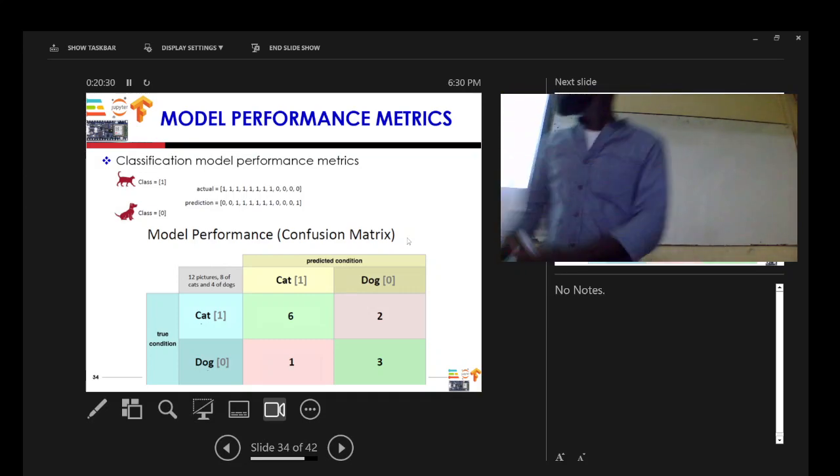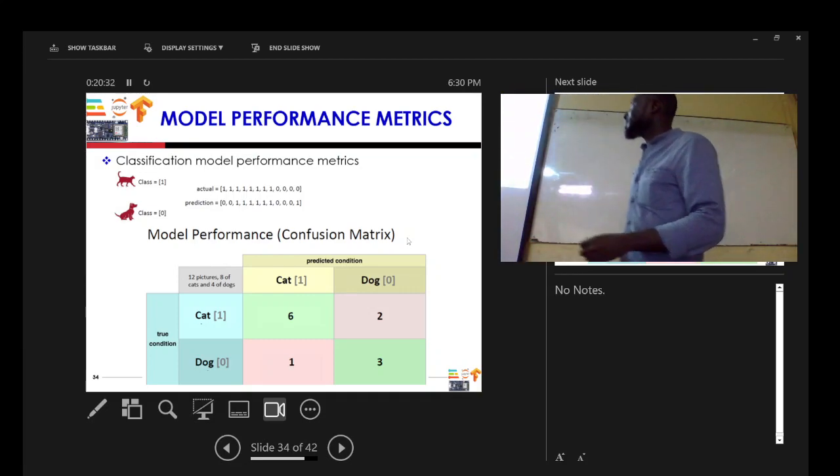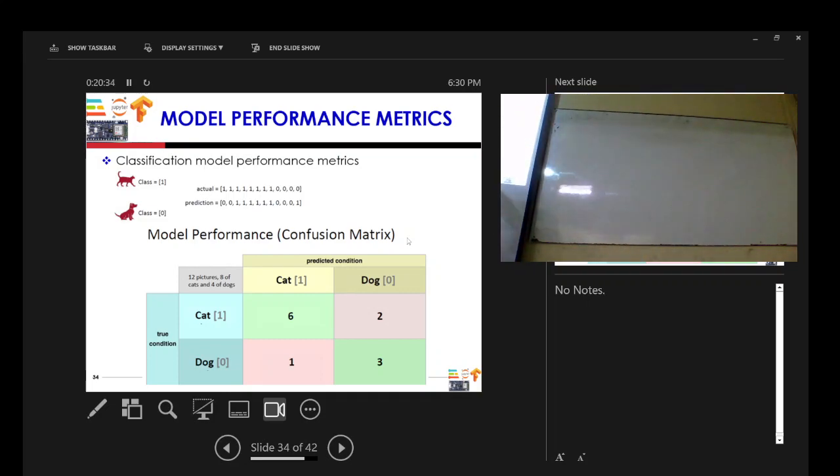And then I look at my actual, the first one. The first actual is one, which means that it's a cat. Are you listening? This is very important. The actual is here, this is the actual value.